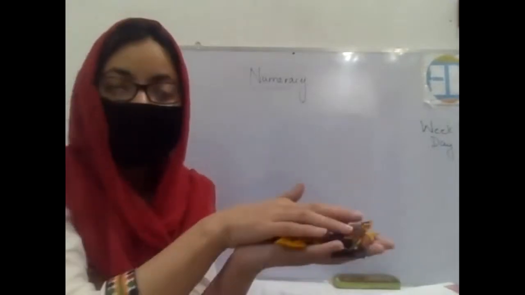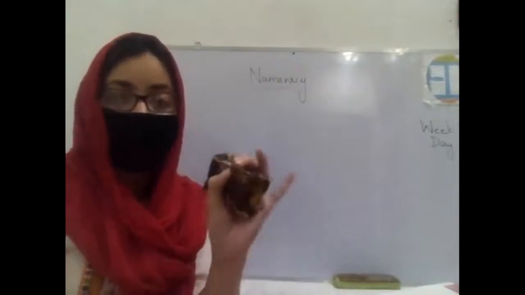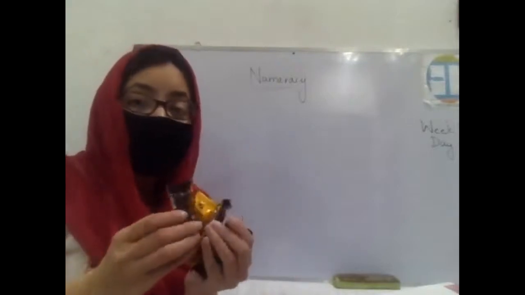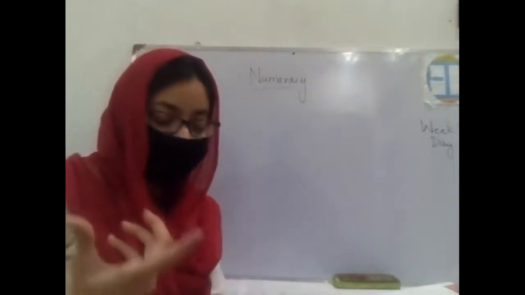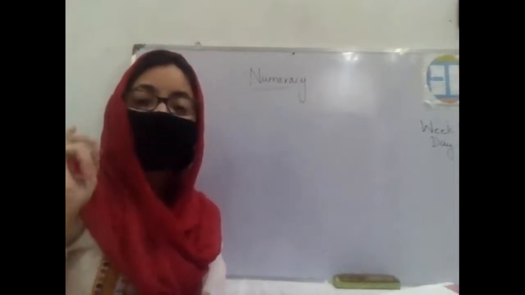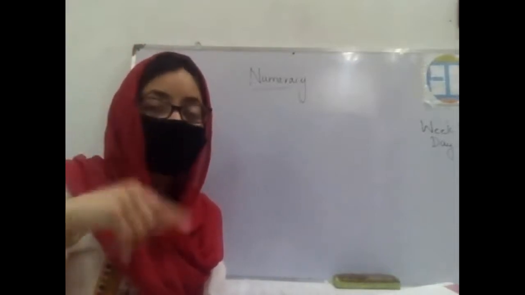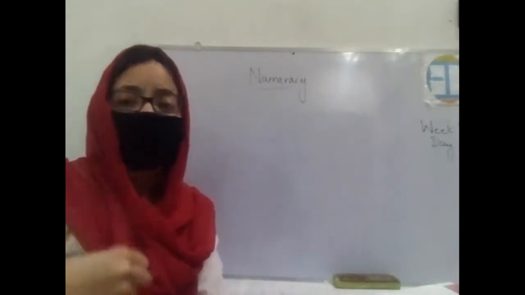Okay, so here I have 8 chocolates and I want to divide these 8 chocolates among 4 kids. How many kids? 4 kids. 8 chocolates among 4 kids. So how will I divide that? Or let's say I give you the statement as: 8 chocolates are supposed to be divided among 4 kids. How many chocolates will each kid have?